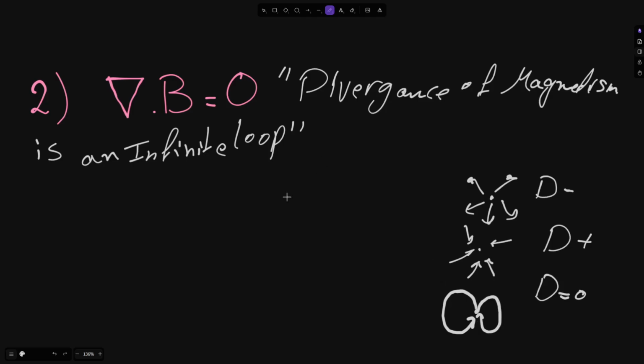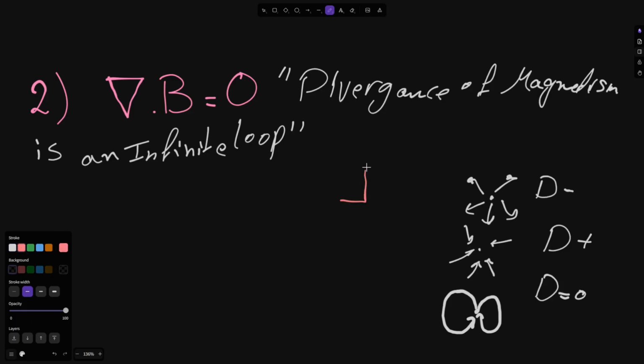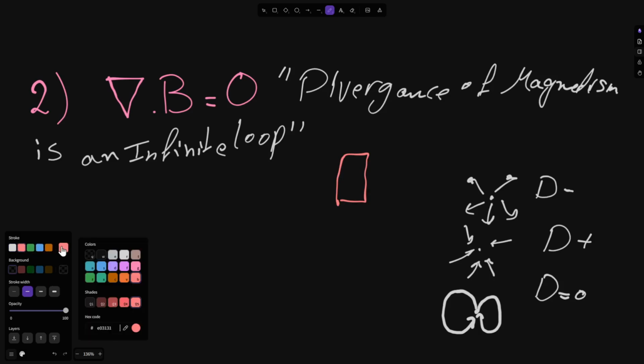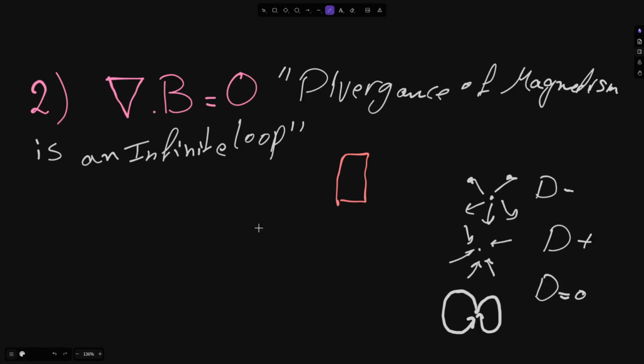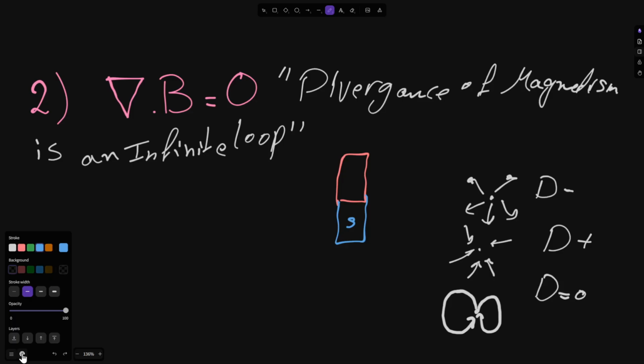If we have seen a magnet bar before, let's say this is a magnet bar, and here is the north, and there is the south. For north and south, we will find that the magnetism goes from north and gets back to south, and goes from north and gets back to south.